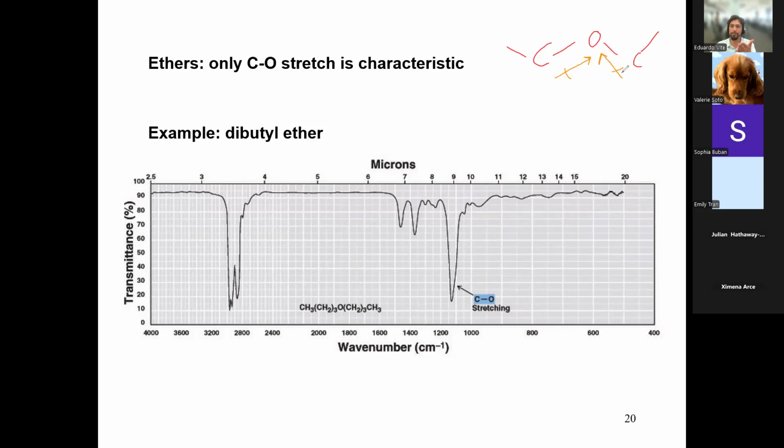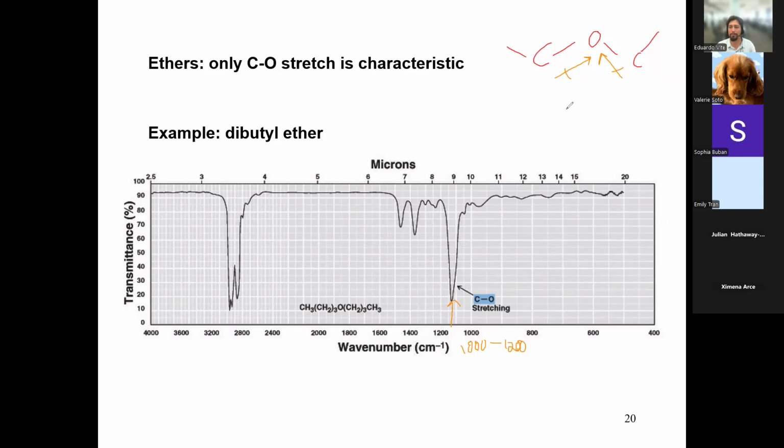So again, usually you find this, since it's a single bond and the polarity is being shared by other carbons, it's going to be intense, but it's not going to be very strong wave number wise. And so sure enough, you find that here between 1,000 and 1,200. And usually this is more of like a confirmation kind of peak.